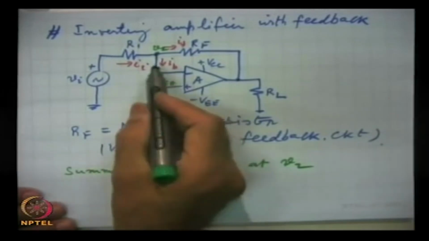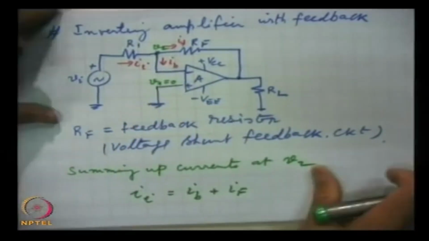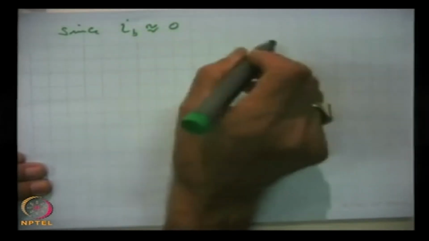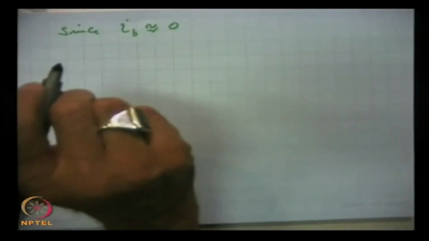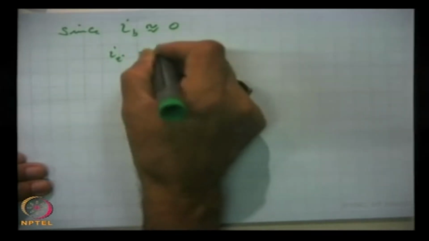So this current is very feeble. So since IB is very close to 0 because the input impedance of the amplifier is very high, therefore, II is simply equal to IF.